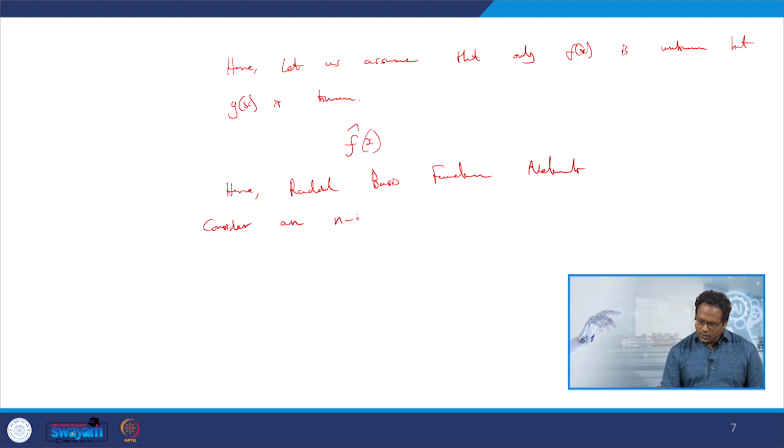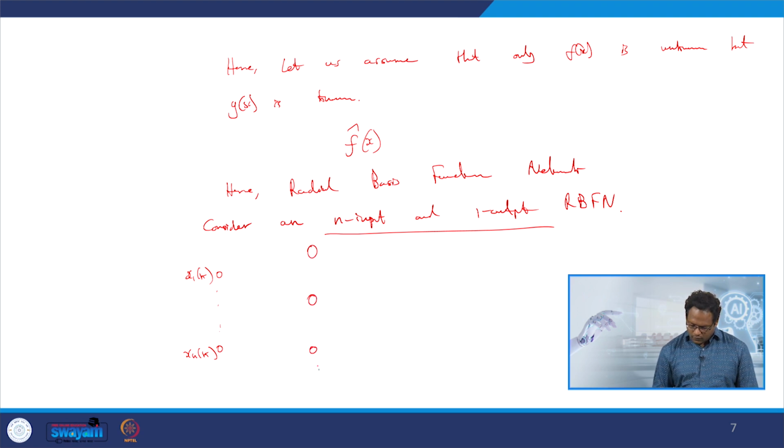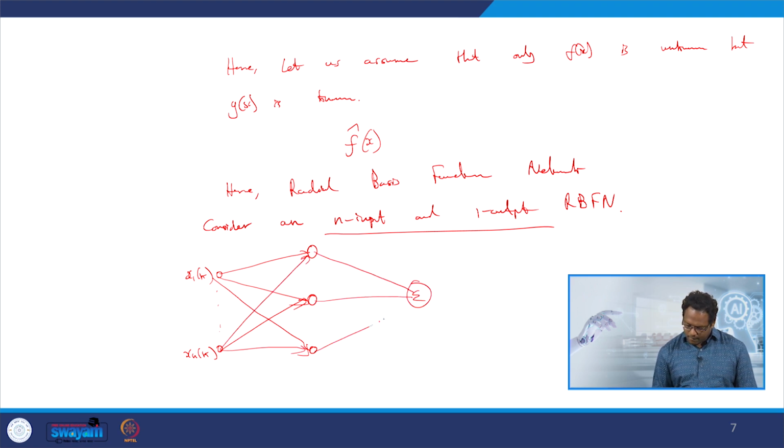Let us consider an n input and one output RBFN, a radial basis function neural network, shown by this: x1 of k, xn of k, hidden neurons, output neuron.